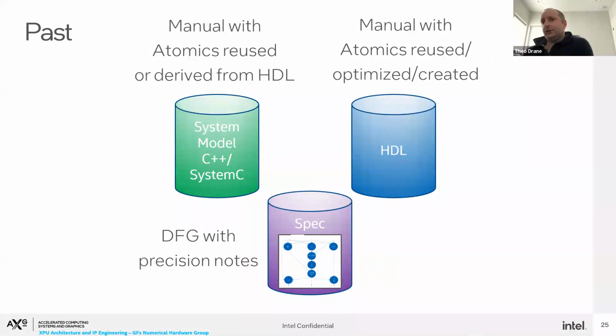But in a standard hardware design methodology, you would basically be forced to make the HDL, and then you would have to scramble and even derive some of the C++ from the HDL. Your specification would be non-executable. It might even just be the mathematical algorithm without any precision annotations.